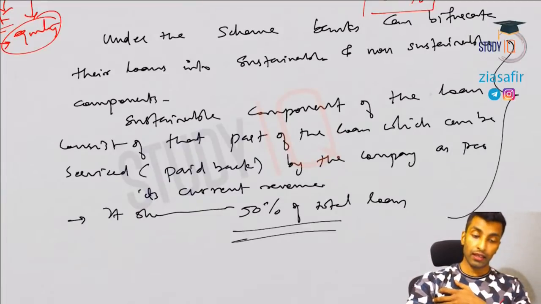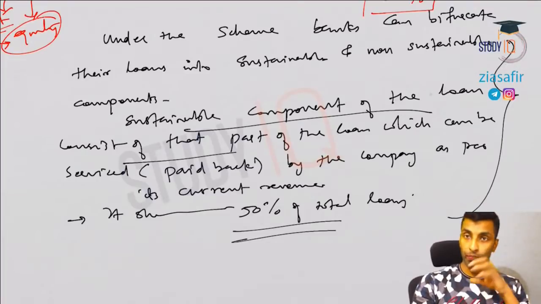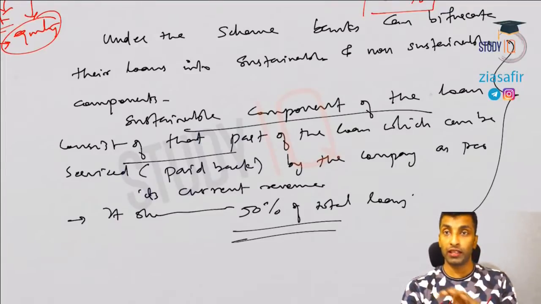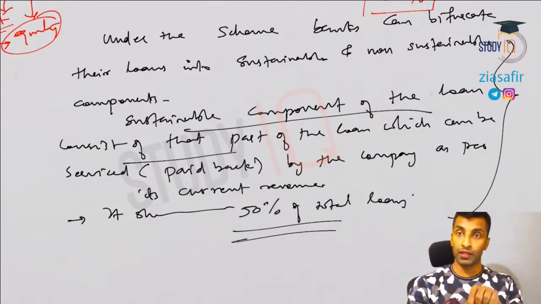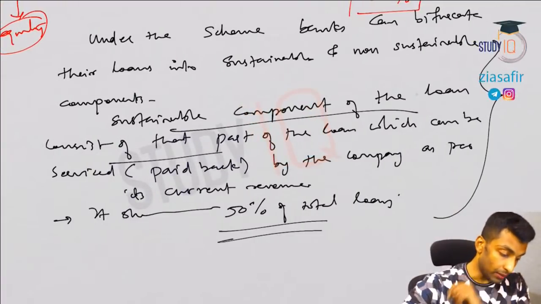In this case, restructuring happens in that the sustainable component of the loan will be paid back by the company and the other part will be converted to equity. But the condition is that 50% payment capacity should be there. So the management should be able to pay at least 50% to go for S4A. If not 50%, SDR, the entire debt will be converted. So a 50% minimum requirement is there.